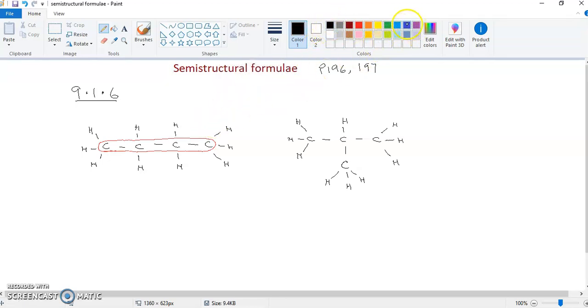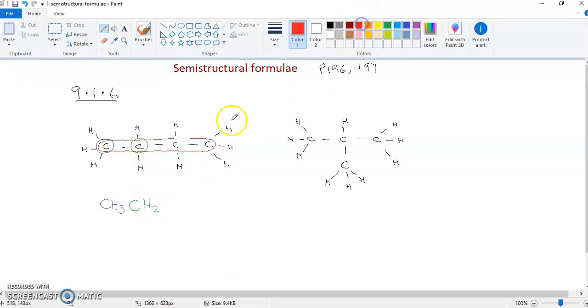So if we look at the first one, I'll do this one in blue. First carbon's here. Apart from being attached to the other carbons, it has 3 hydrogens attached to it. Now the next carbon, which I can do in green, has 2 hydrogens attached to it.